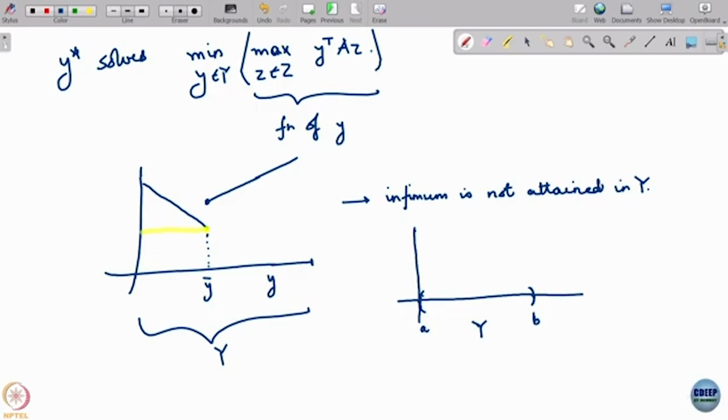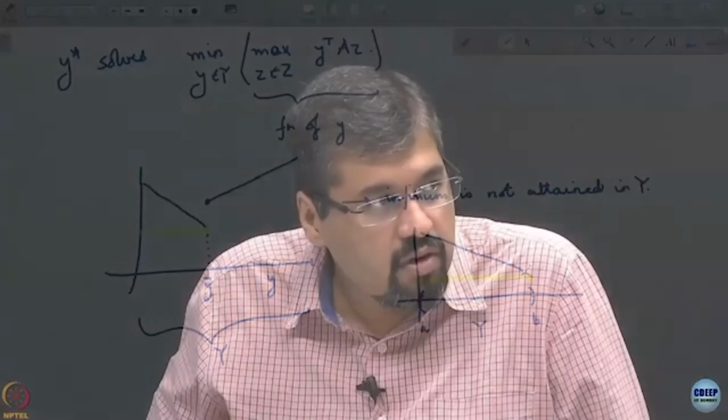And now, suppose the function that I am minimizing is just this. In this case, what is the infimum of this function over this set? The infimum of this function is this. But is there a point that attains that particular value in this set?